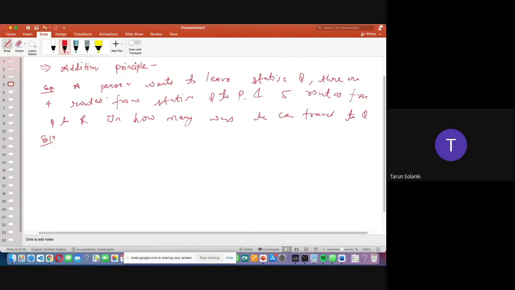This is not multiplication; here things are different. First, he can go from Q to P in four ways, then Q to R in five ways. So it will become 4 plus 5, that is 9 ways, because both are independent operations. You can copy this down.